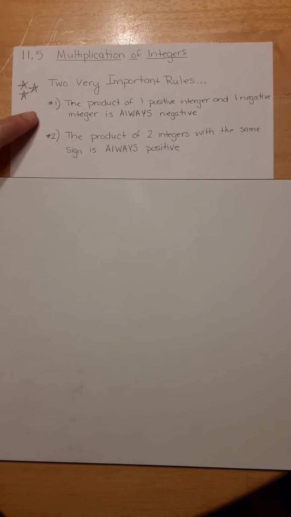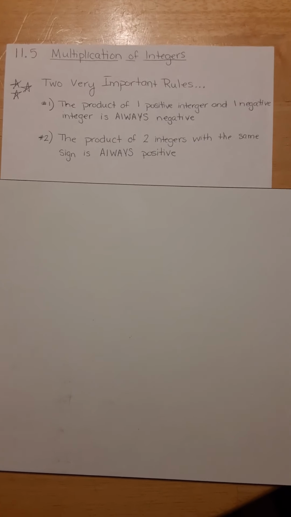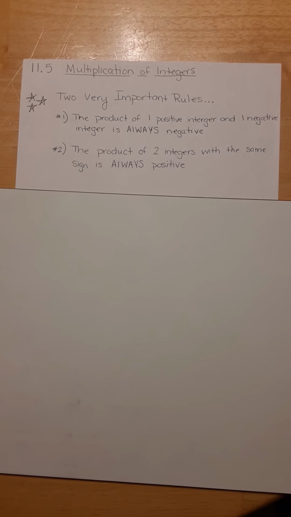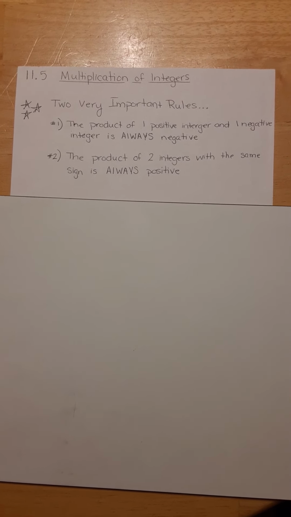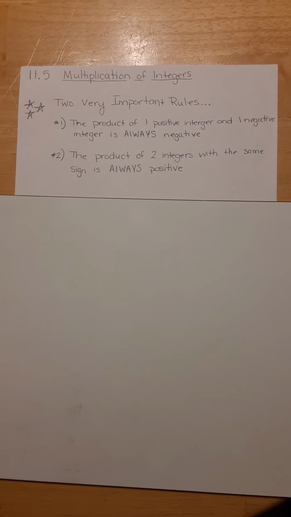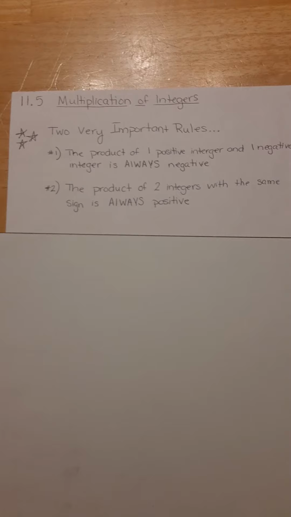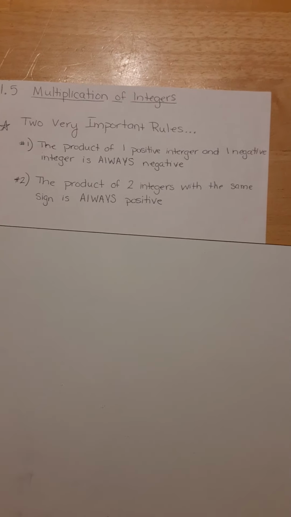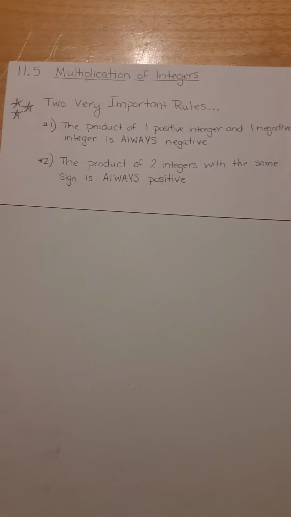The first one is if I'm multiplying a positive number and a negative number, my answer will always be negative. Okay? If I'm multiplying two integers that have the same sign, like a positive times a positive, my answer is going to be positive. And if I'm multiplying a negative times a negative, my answer is going to be positive.